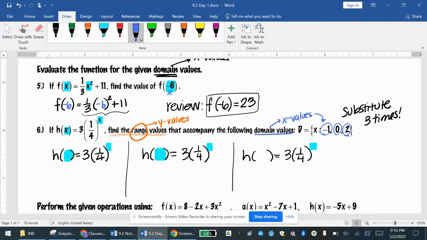Okay, so the first x value they wanted me to plug in is negative 1. So I'm going to go ahead and put that in my calculator. Lo pueden hacer esto de un jalón o lo pueden hacer paso por paso. So 3 times 1/4 to the power of, a la potencia de, negativo 1. Okay, so go ahead and put this in your calculator.